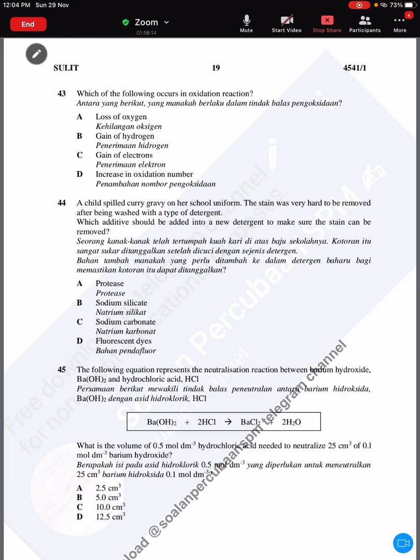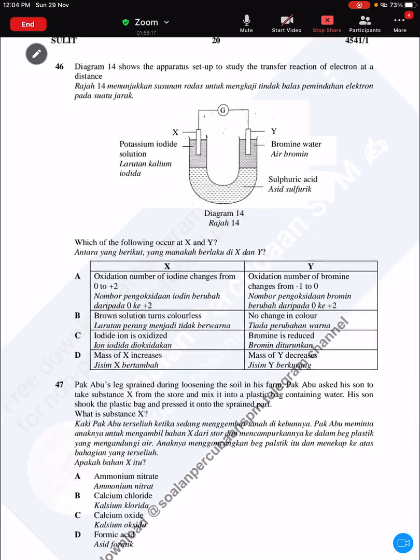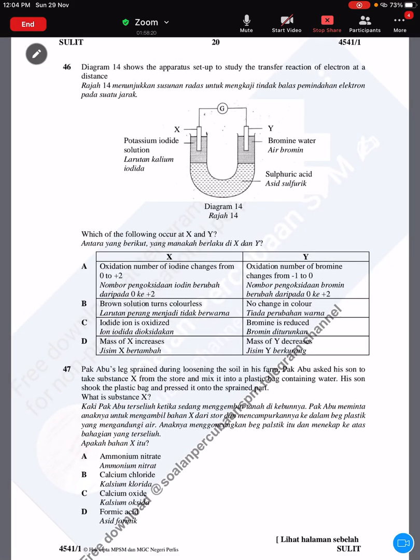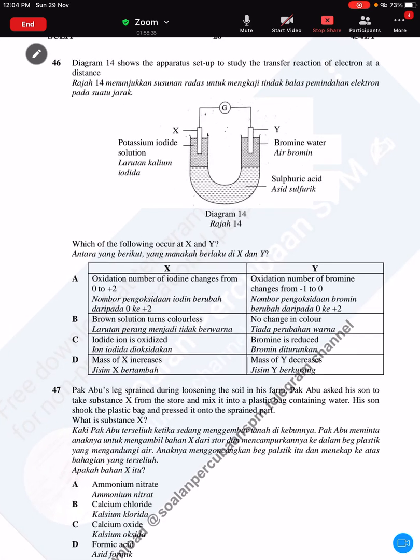Okay, next one. Go, go. We have 4 more to go. Okay, this is a chemical cell again. The diagram 14 shows the apparatus set up to study the electron transfer. Guys, in order to understand this, you need to know what's going on here.